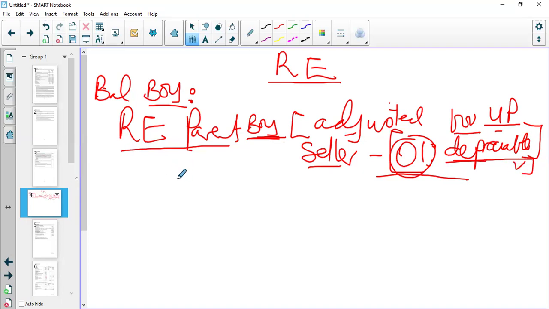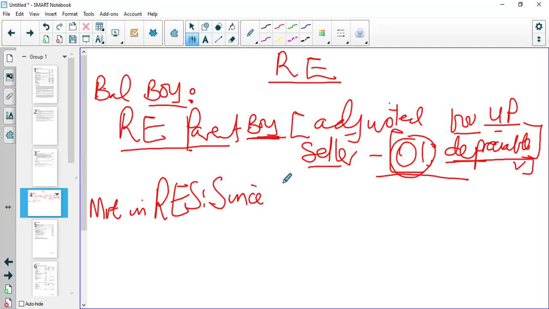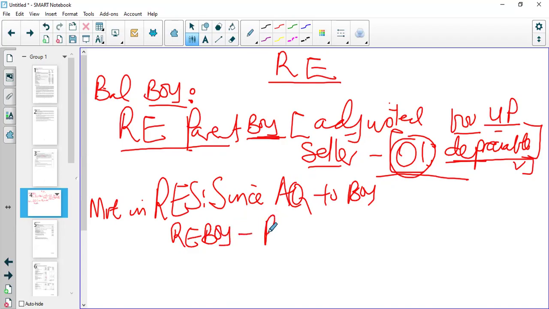Then we go to the movement, not just retained earnings, but the movement in the retained earnings of the subsidiary since acquisition, so since acquisition to the beginning of the current year. We say the retained earnings of the subsidiary at the beginning of the current year, minus the retained earnings of the subsidiary at acquisition.